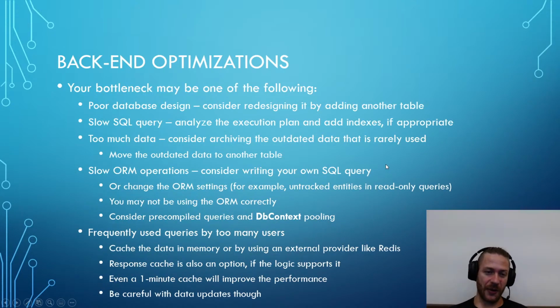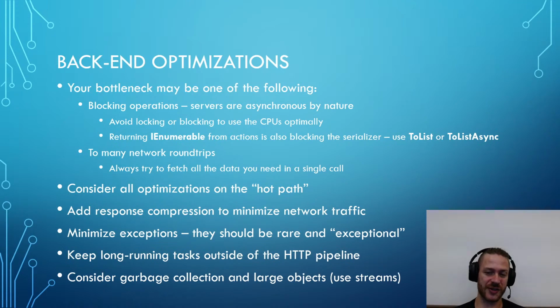So everything about the backend, I covered all common possible problems for bottlenecks. SQL databases, SQL queries, data caching, ORM operations, hotpads, the HTTP pipeline. If nothing works, or if you improved everything and your application is still slow, then it may be a hardware problem.